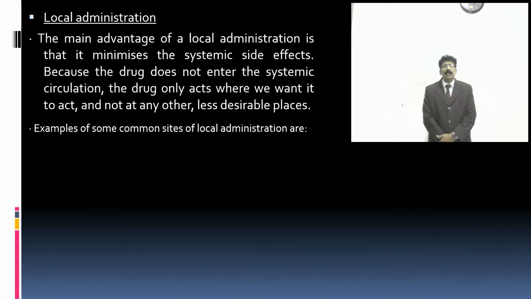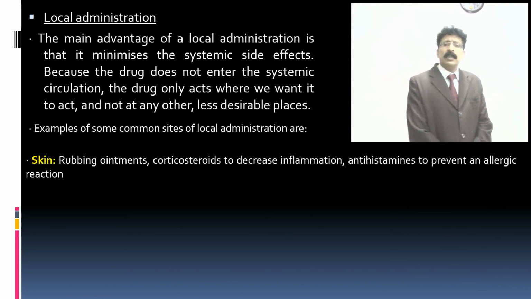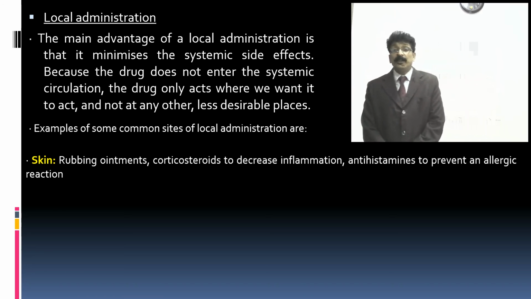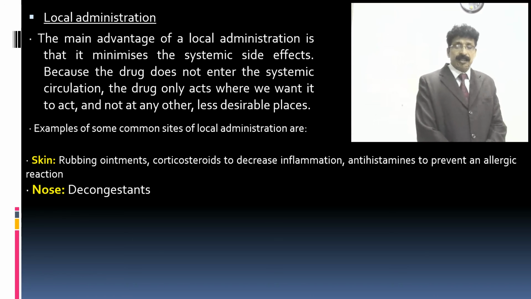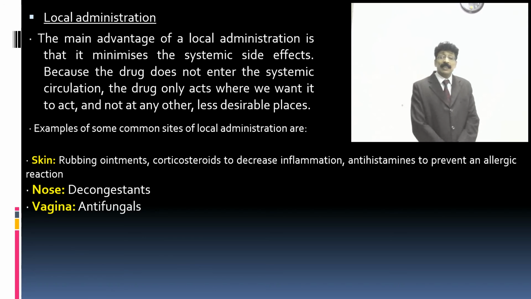Some common sites of local administration: skin, rubbing ointment, corticosteroids to decrease inflammation, antihistamines to prevent allergic reactions directly in the skin, and decongestants as a spray in the nose.